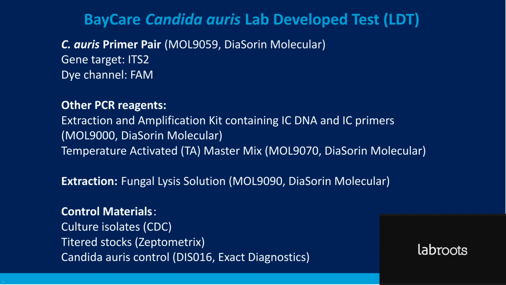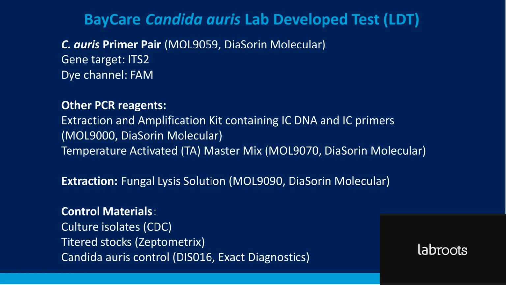The primer pair in the ASR from Diazorin targets the ITS2 region, and is labeled with FAM. We also knew that we needed other components, which we were already very familiar with, such as extraction and amplification reagents containing internal control DNA and primers to control for PCR inhibition.